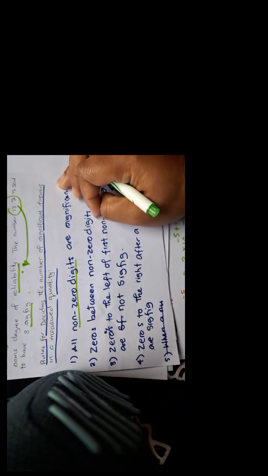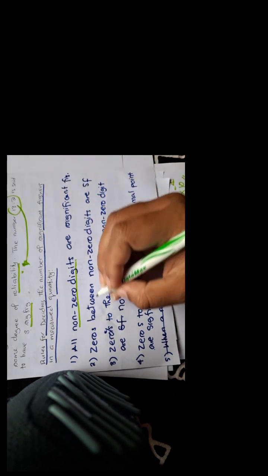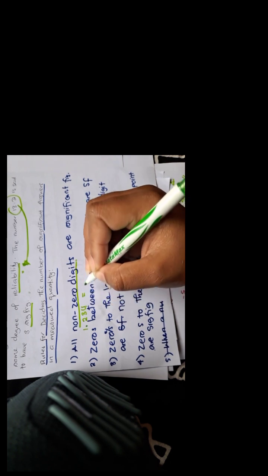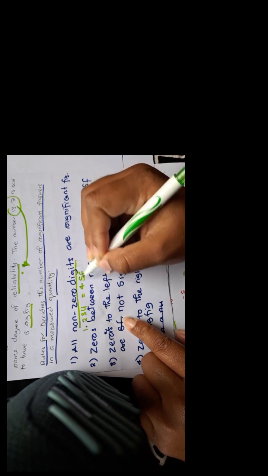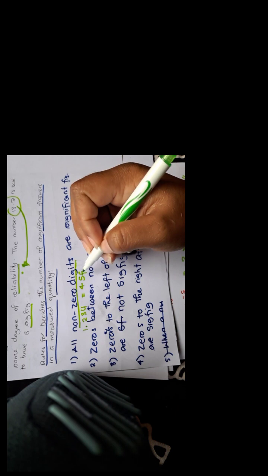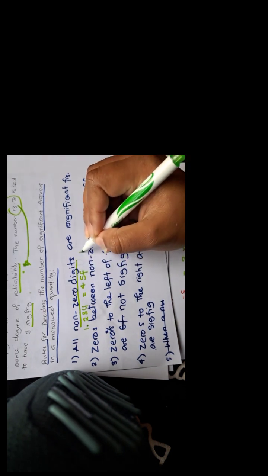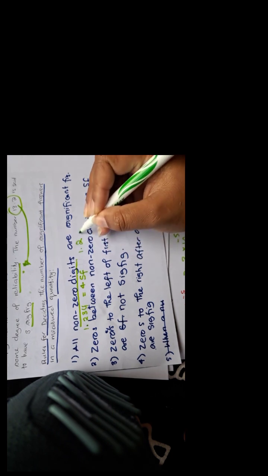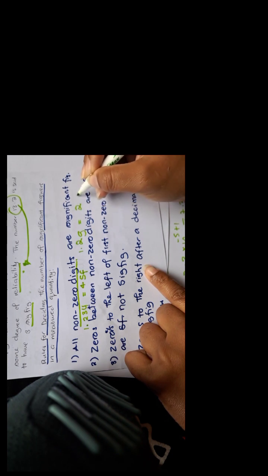For example, if we have 1.234, then we have 4 sig fig. And another one is 1.2, for example 1.2 gram, then we have 2 sig fig.